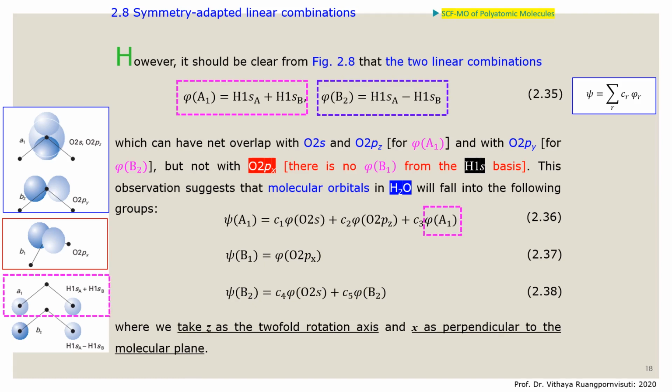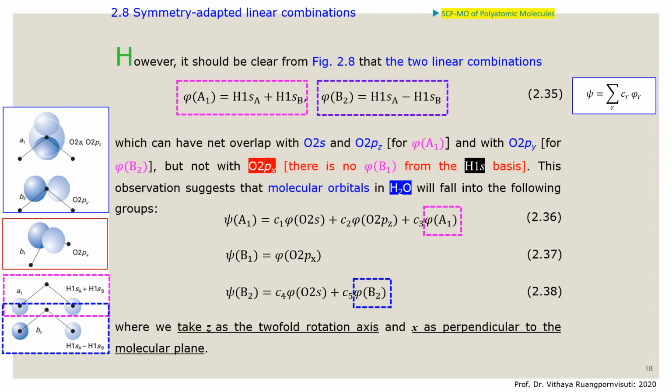For the molecular wave function shown in equation 2.36, psi A1 is equal to a linear combination of C1 times the 3 O 2S orbital plus C2 times the 3 O 2P orbital, plus C3 of the symmetry adapted linear combination A1.